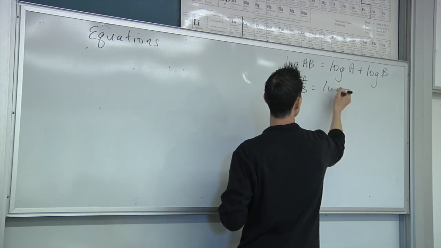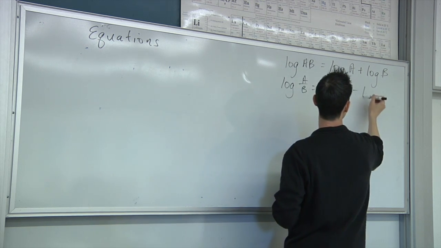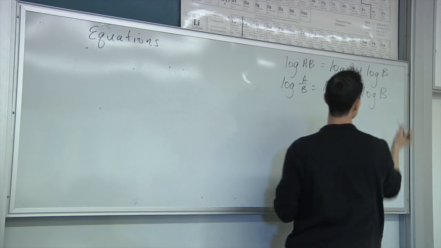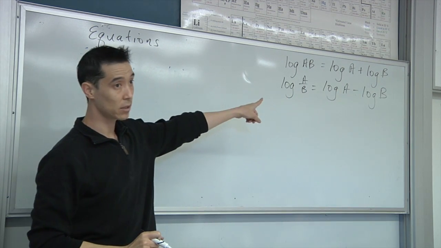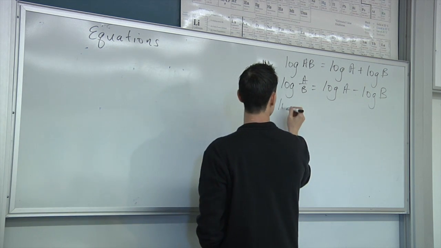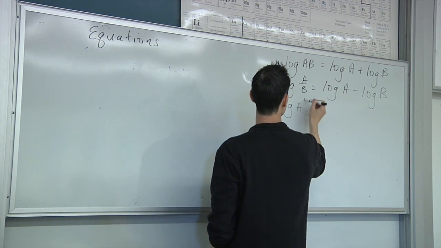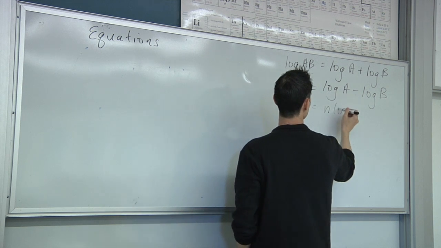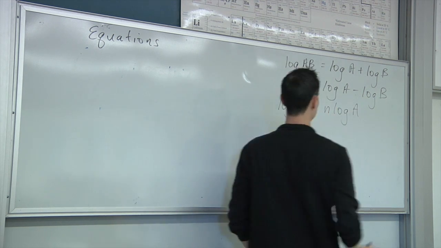Great. And keep in mind, you need to be comfortable going in both directions on these equations. What's the next one? Log of A to the power n, the power rule. Great.